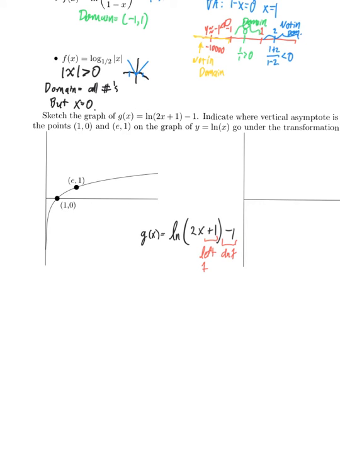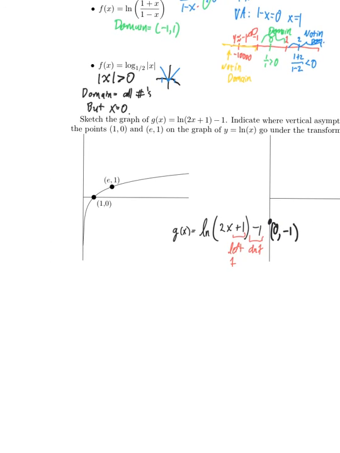Very good. So let's move these 2 points. So this point at 1, 0 will go down 1, left 1, become the point at 0, negative 1. This point at e, comma 1 will go down 1 and left 1, and wind up at e minus 1, comma 0.